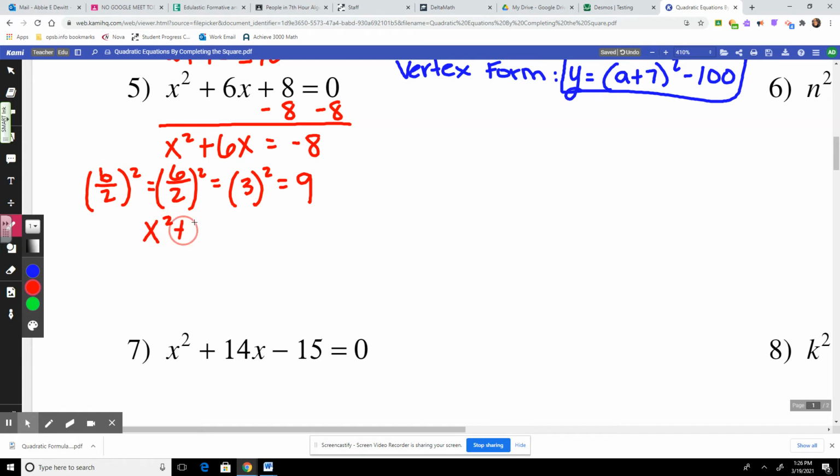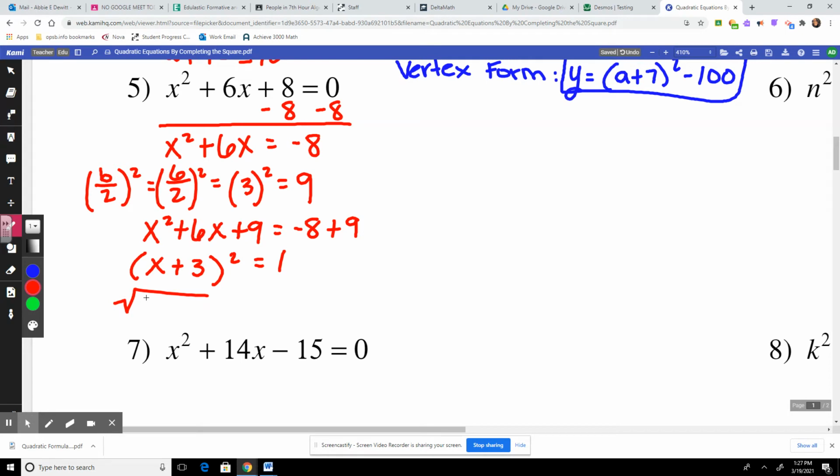So x squared plus 6x plus 9 equals negative 8 plus 9. X squared plus 6x plus 9, the square root of 9 is positive negative 3. This positive 6 tells me that I need positive 3. X plus 3 squared equals negative 8 plus 9, which is positive 1.